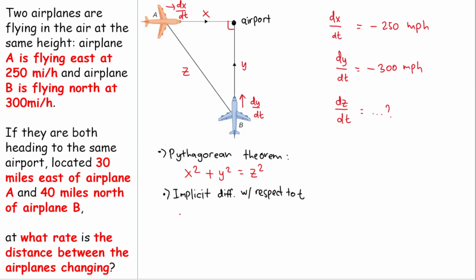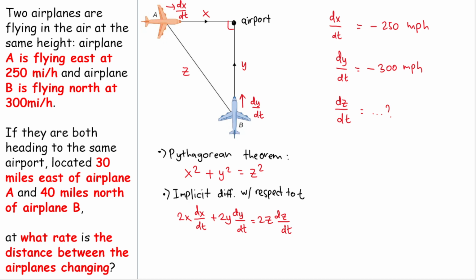On the left hand side I will have 2x, but we need to differentiate with respect to time, so we will have dx/dt. Then plus 2y, multiplied by dy/dt. And here we also have z squared, so I will have 2z dz/dt.